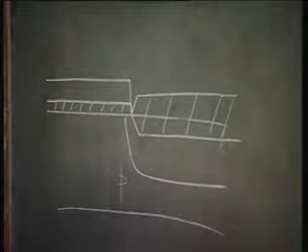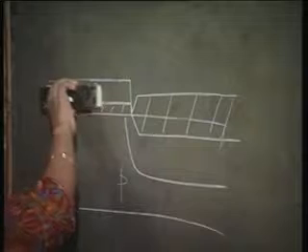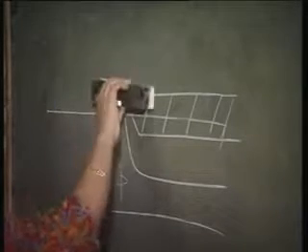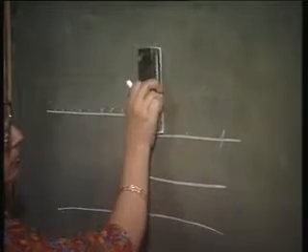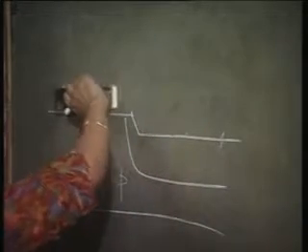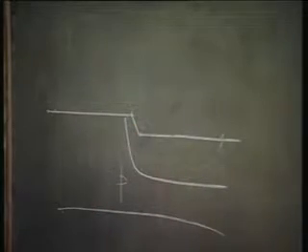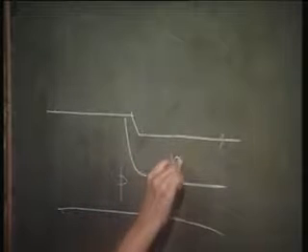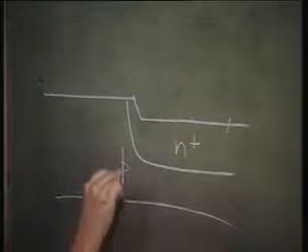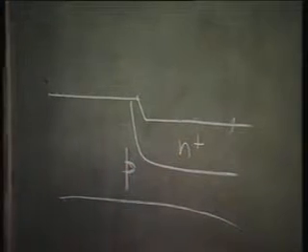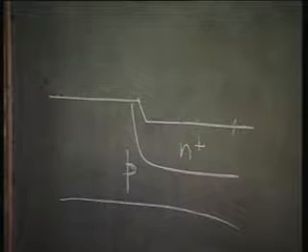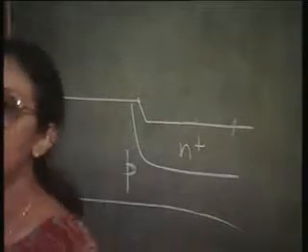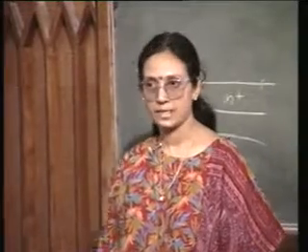Now, I am going to strip off both the oxide and the nitride. So, this is your N plus region, this is the P type substrate. In the next step, now you carry out an epitaxy.